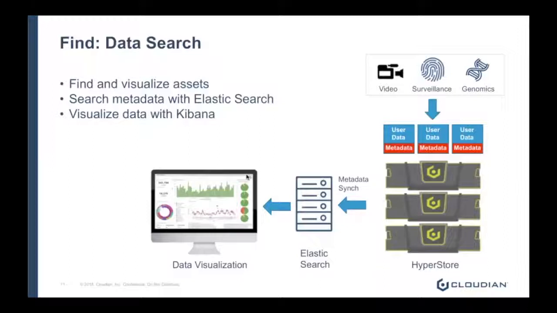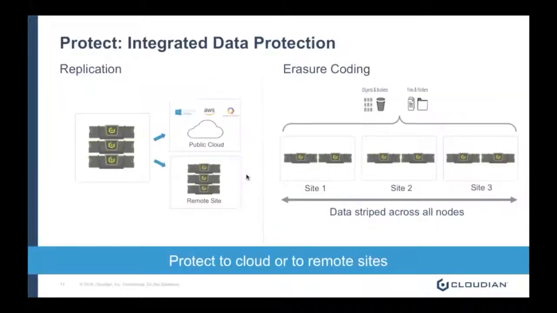And in fact, that's true of on-prem object storage as well. You can use Elasticsearch and create essentially a Google in your data center. You can create a Google-like environment where you can search all of your data, as opposed to having to go from device to device to device and hopefully finding what you're looking for. It becomes a much more deterministic thing because everything is operating in the same namespace.